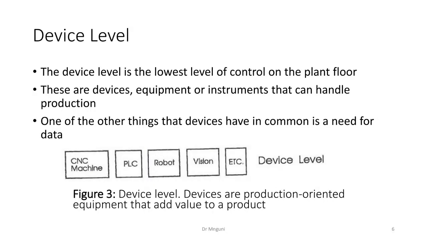Now, this is our device level. You always try and picture that pyramid that I just explained, because now we are going deeper into that device level. The device level is the lowest level of control on our plant. That is very important. This is the lowest.